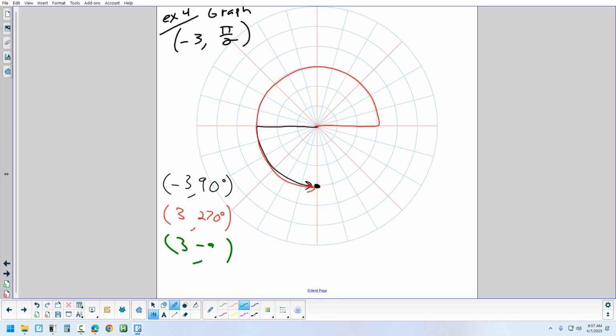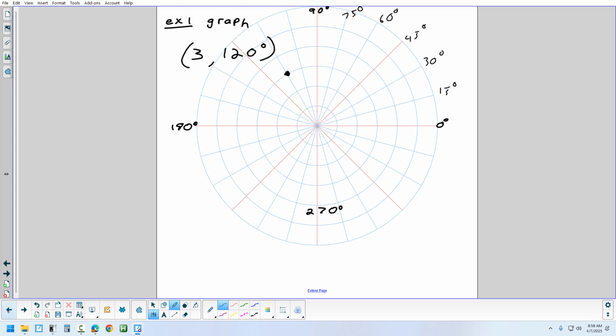That would bring me 1, 2, 3, negative 90. Negative 3, negative 270. So negative 1, 2, 3, and then negative 270 brings me around that way. So when you have a point in polar, there's generally more than one way to get to it.